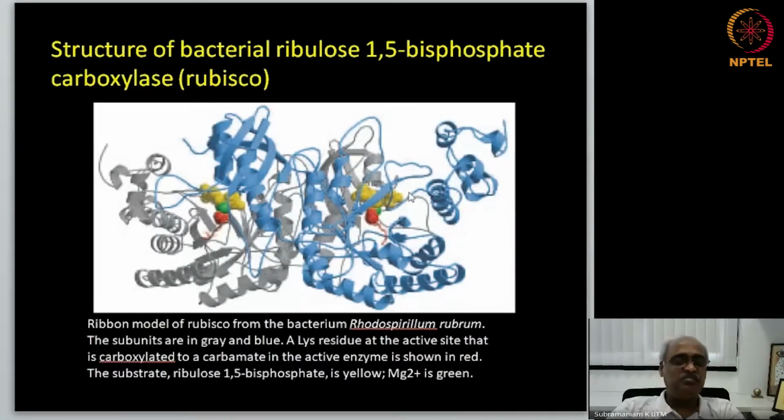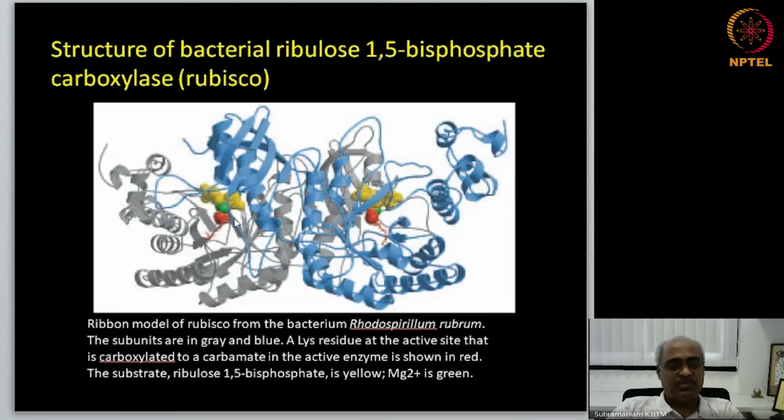So this is a simpler version of the same enzyme found in bacteria. Okay, Rhodospirillum rubrum here shown. So this is the ribbon model, where it's very similar as if you have only a dimer here. So the blue 2 of them and gray 2 of them.